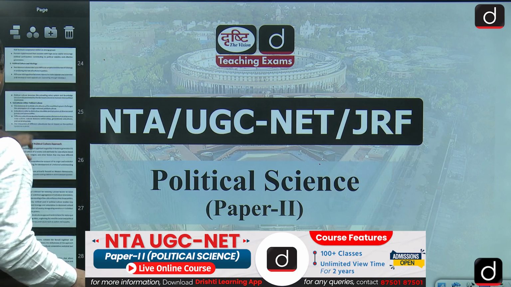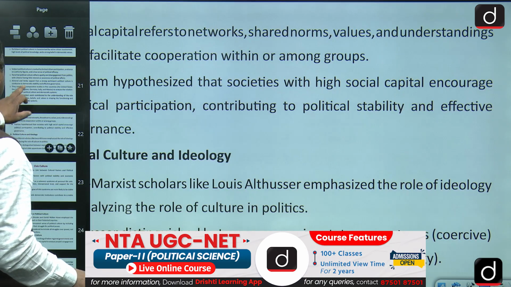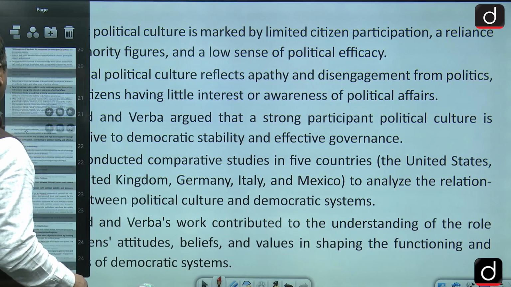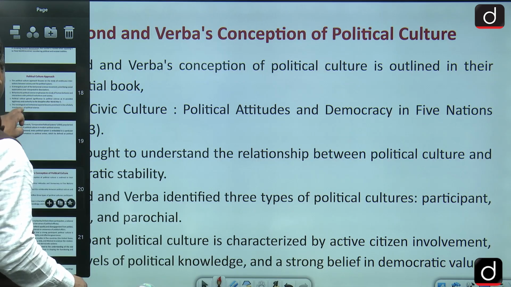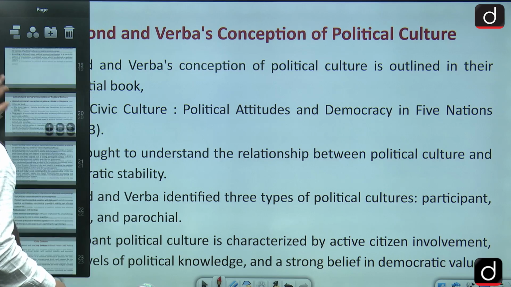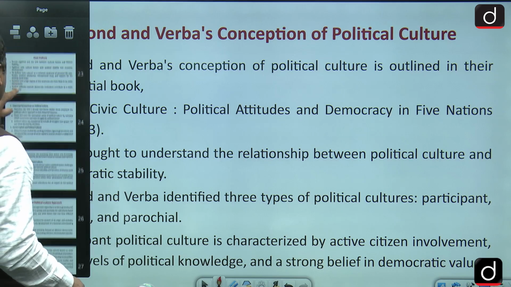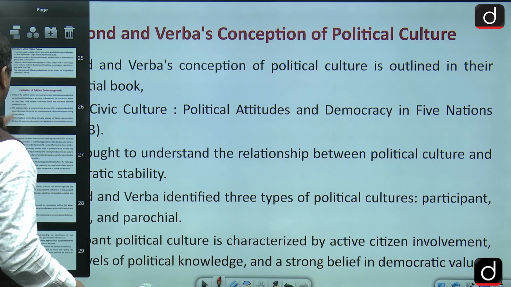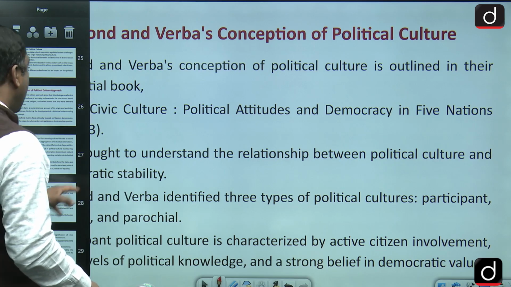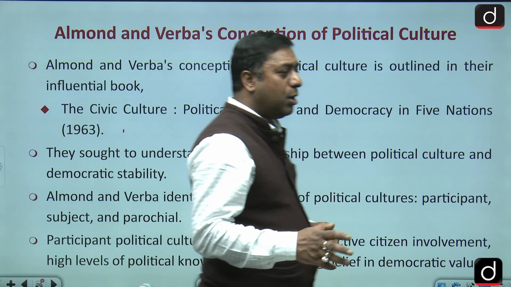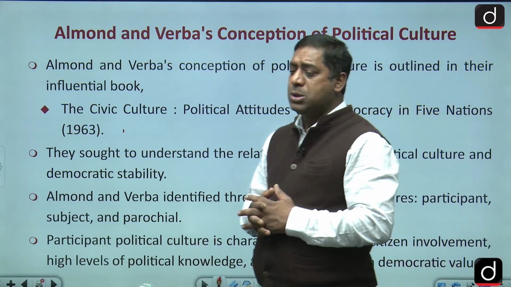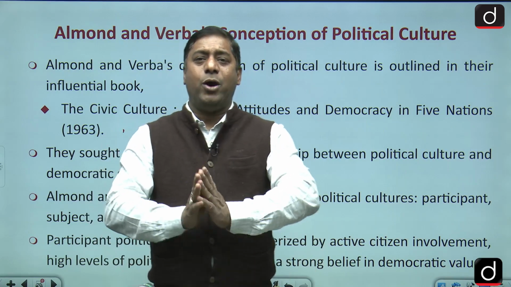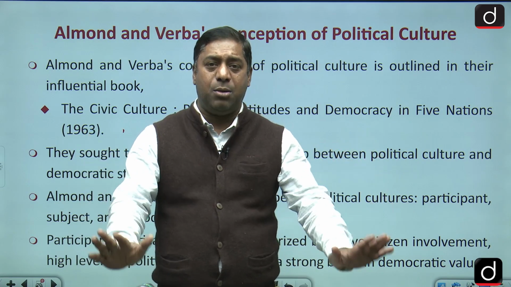There is the civic culture approach, there is the Almond and Verba concept of political culture, then the civic culture approach, then we have to talk about other approaches also, like modern approaches, we have many. So there are approaches, but whatever we are going through is with regard to your syllabus.